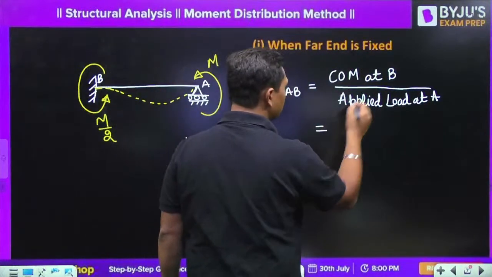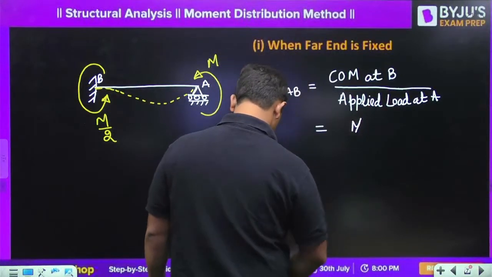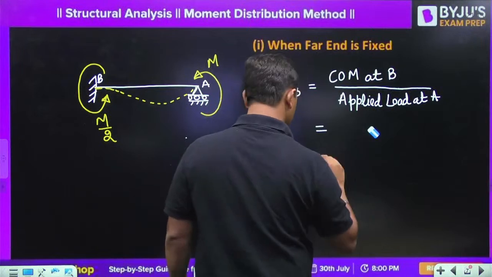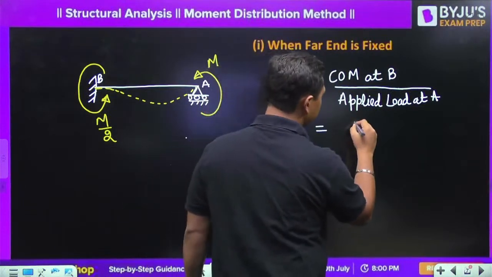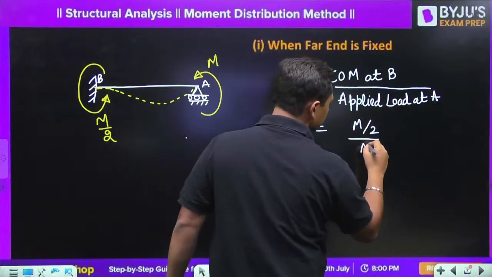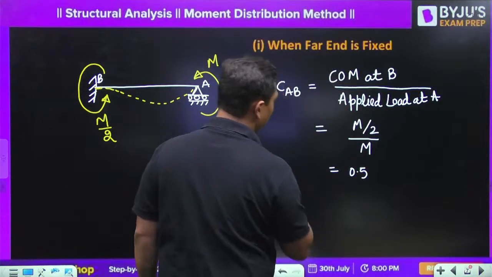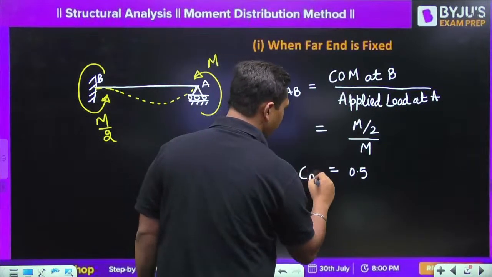So the carryover moment at B is anti-clockwise M by 2, so it is equal to M by 2. And the applied moment is M. So this comes out to be equal to 0.5. So the carryover factor comes out to be equal to 0.5.